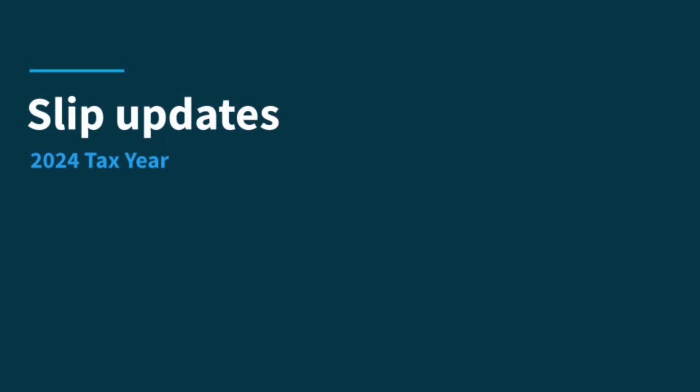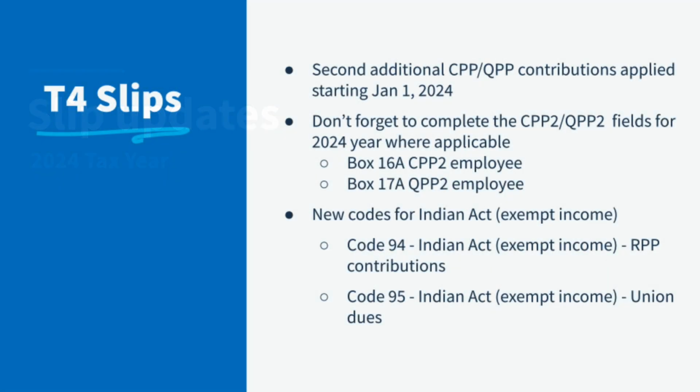So just a few updates before I jump into the demo. Last year, CRA added second additional CPP QPP information onto the slips. So we'll need to report those where applicable in box 16A and 17A on the T4 slip.